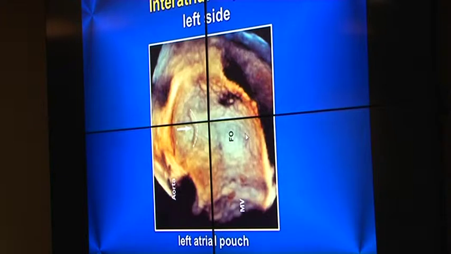We just see that the foramen ovale looks like a rather thin structure, and there is a rim where the septum primum and the septum secundum in that case were not 100% merged.